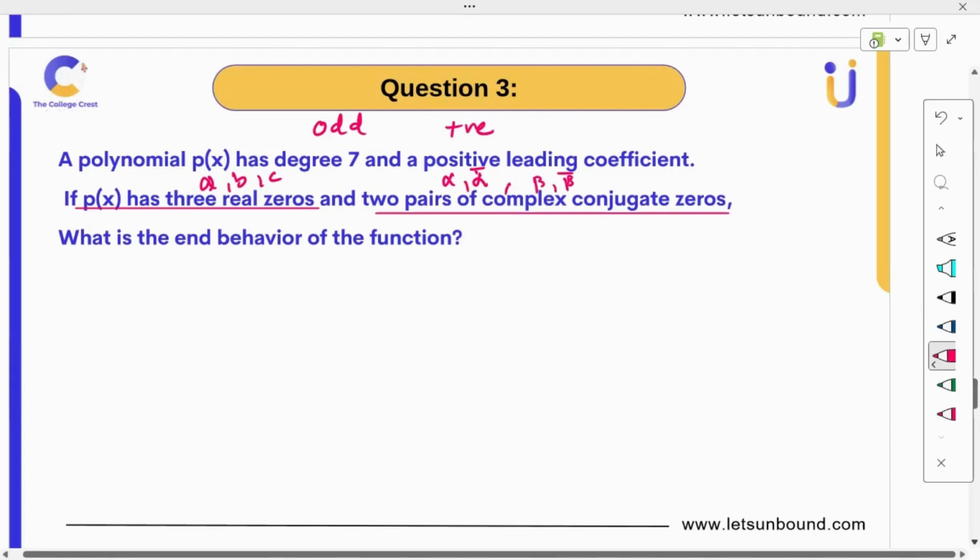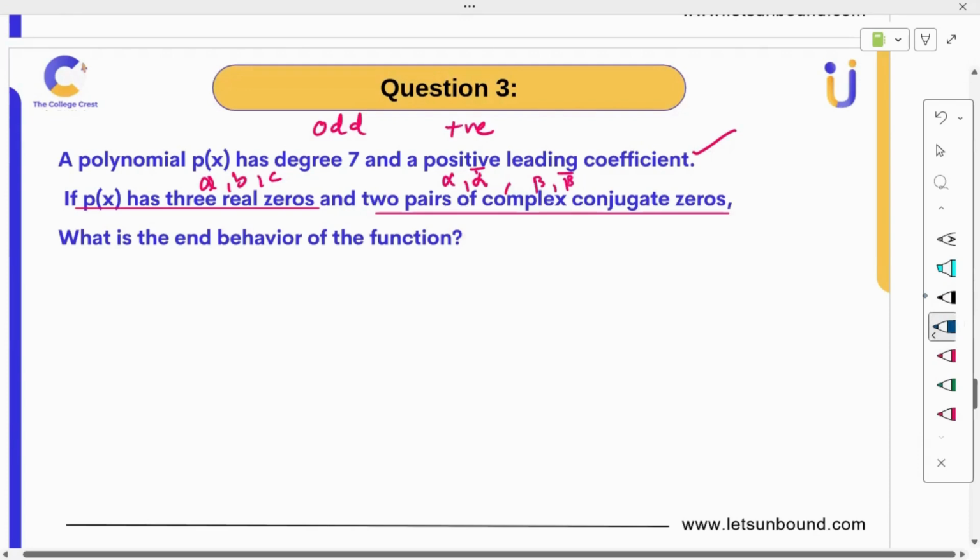So 7 zeros, degree 7. And a positive leading coefficient, what is the end behavior of the function? They give us a classification of zeros, but it won't affect your end behavior. End behavior purely depends on degree and leading coefficient, no matter how many zeros are real or non-real.